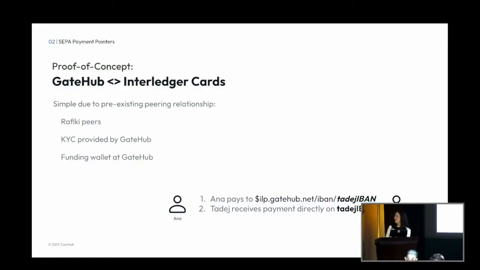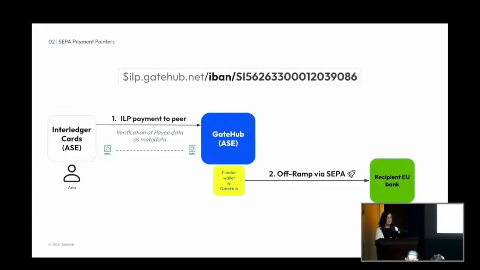So let's say I'm sending funds to Tadej and his IBAN. How could this look, right? The SEPA payment pointer I was mentioning is just a normal payment pointer issued by GateHub, which is formatted a little bit differently. You just put in the IBAN you're sending your funds to.